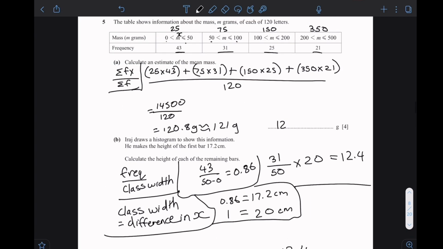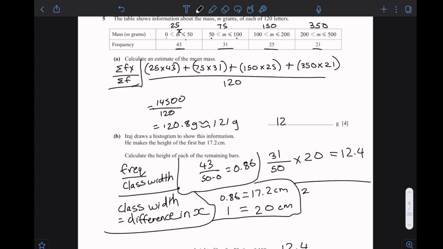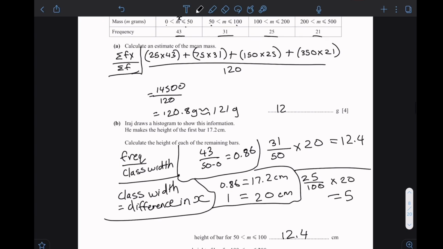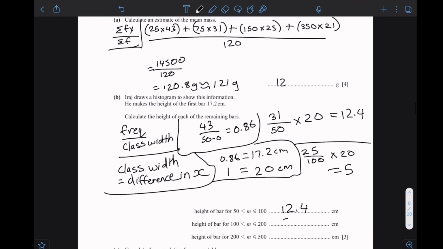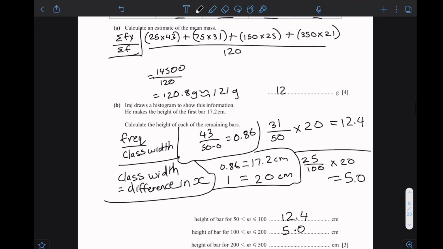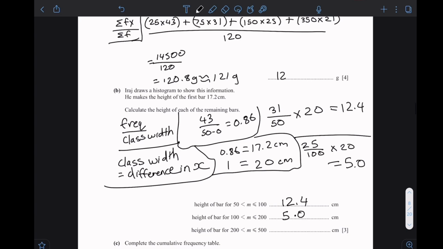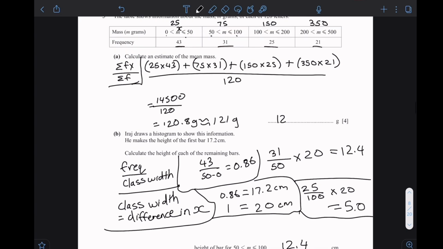And for the next one, you can do 25 divided by 200 minus 100, which is 100, and you multiply it by 20, and you get 5. So this is 5 centimeters, but we'll write 5.0 because we want to give it in a standard notation, so everything is one decimal place.